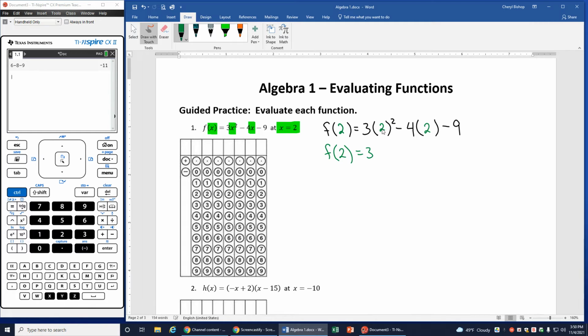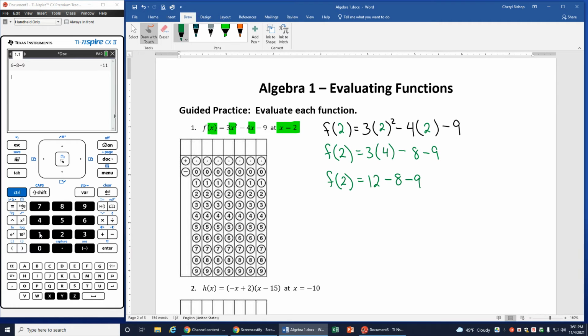So then it's going to be 3 times 2 squared, that is 4. So it's really 4 times 3 there, minus 4 times 2 is 8, minus 9. So f of 2 is equal to 3 times 4, which is 12, minus 8, minus 9.